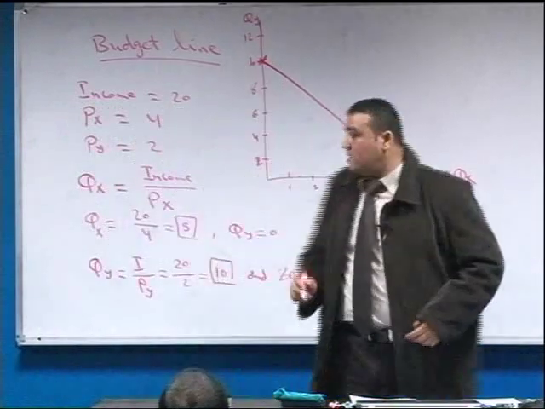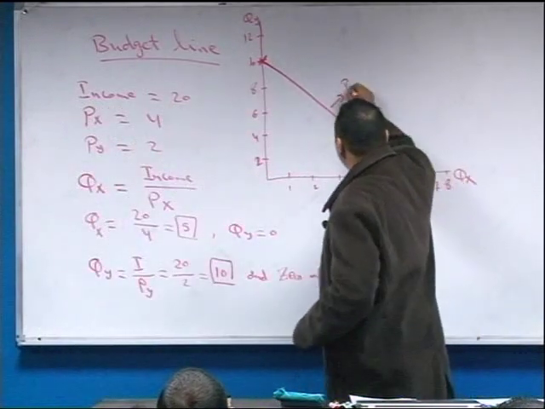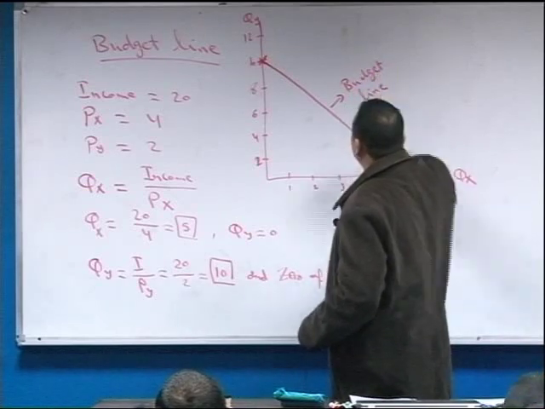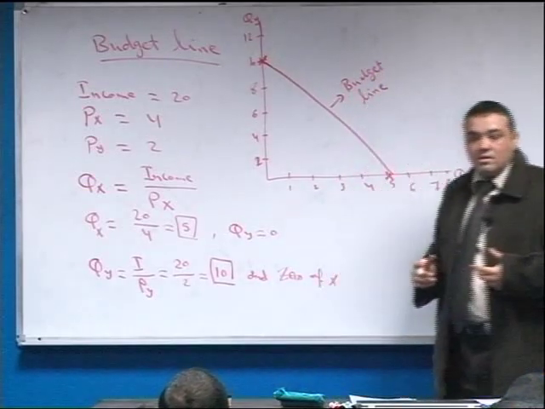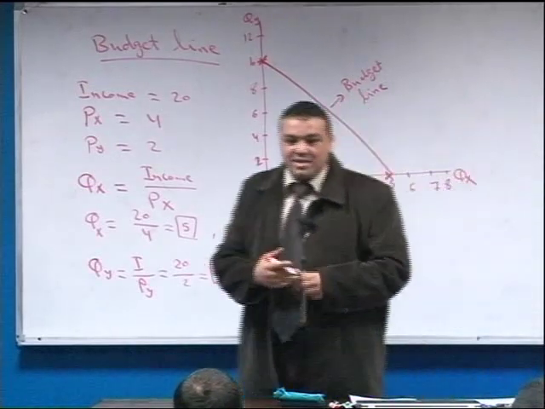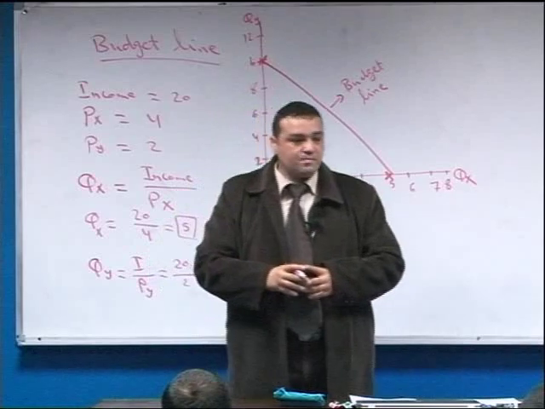خط الميزانية. Budget line. So the budget line illustrates the ability for the consumer to buy different goods and services. Right?